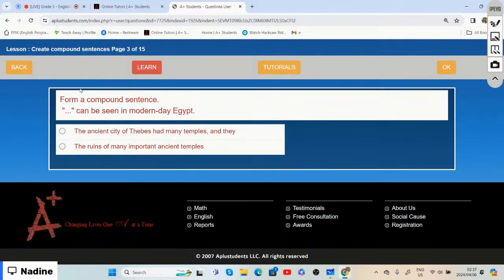Now to form a compound sentence, right? We first choose option 1 or option 2 to join the sentence that says "can be seen in modern day Egypt." It says "The ancient city of Thebes had many temples and they can be seen in modern day Egypt," or do we use option 2, which is "The ruins of many important ancient temples can be seen in modern day Egypt"?